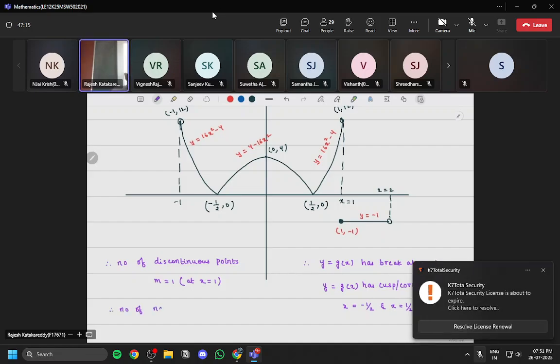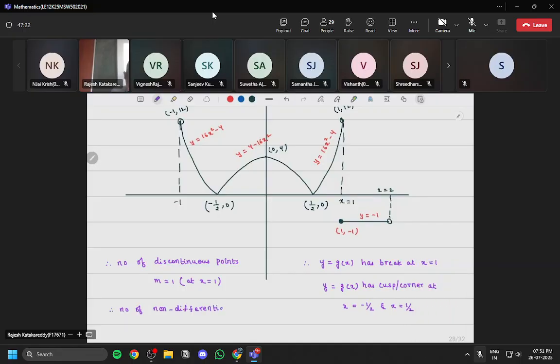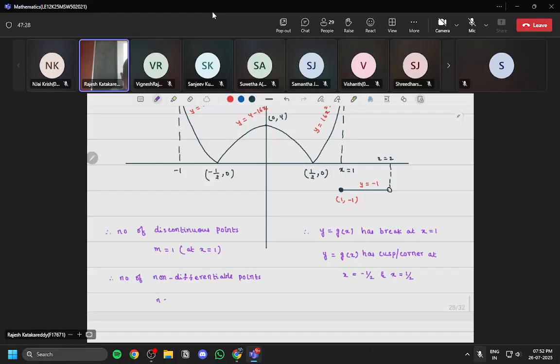Number of non-differentiable points: those points, n = 3, at x = −1/2, +1/2 and 1. It is non-differentiable at 1 because it is discontinuous at 1. I hope this is clear.